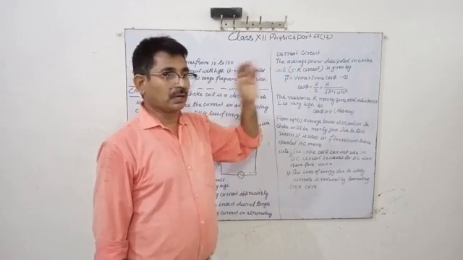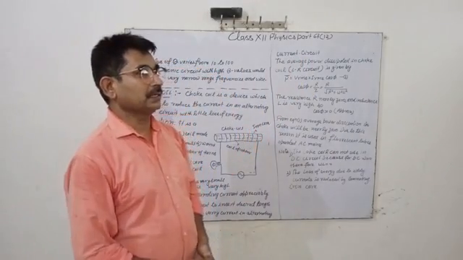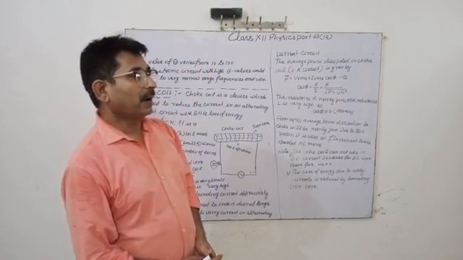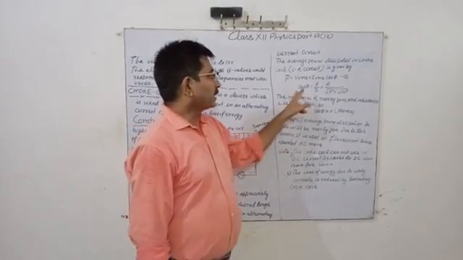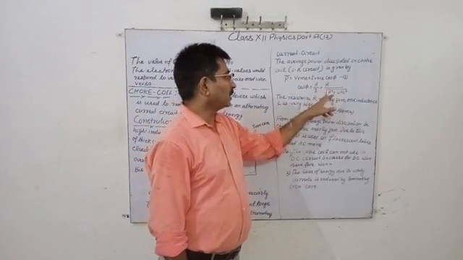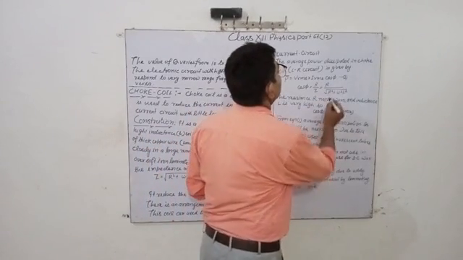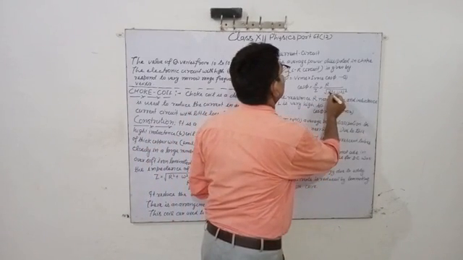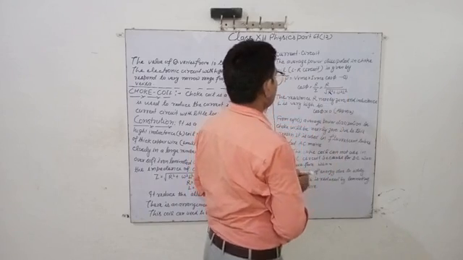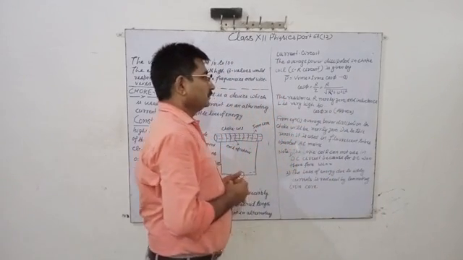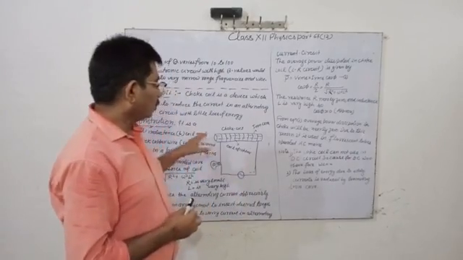where cos phi is known as the power factor, that is R by Z. R upon Z, where the impedance Z is the square root of R square plus omega square L square. The resistance is very nearly zero, as I have already told.